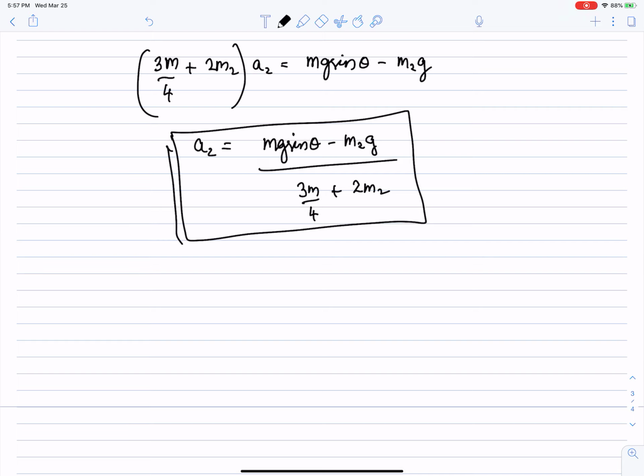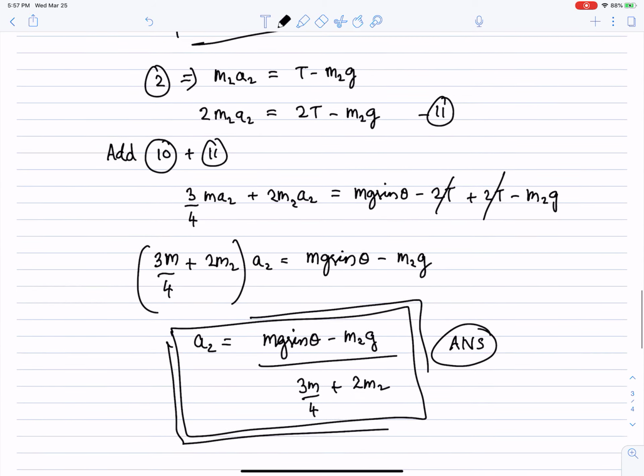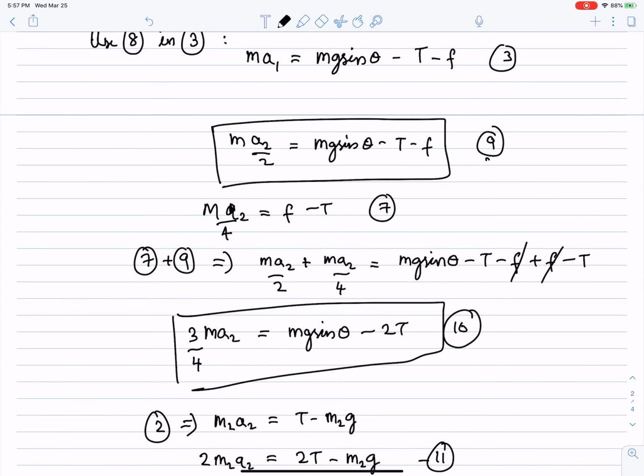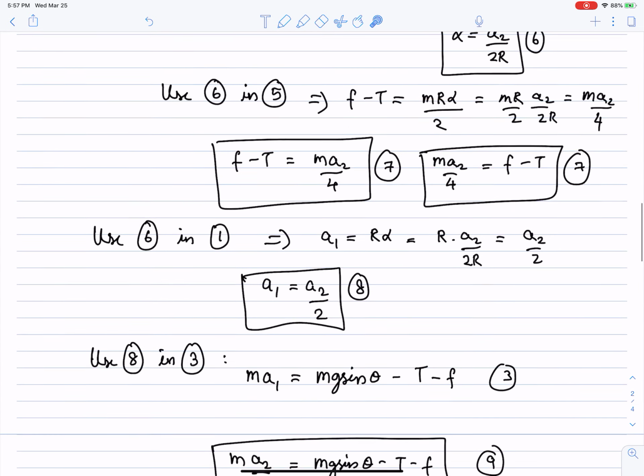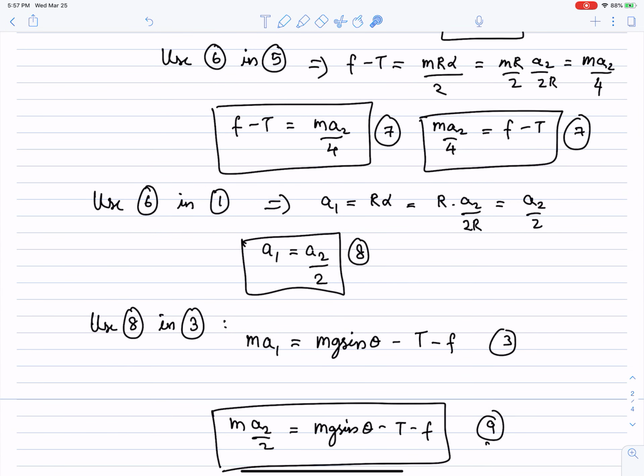But that's basically the answer, and that's it. If we want, we can go back and solve for the friction force, which will not be some friction coefficient times normal reaction, because we've assumed that things are rolling without slip. And I guess that's that.